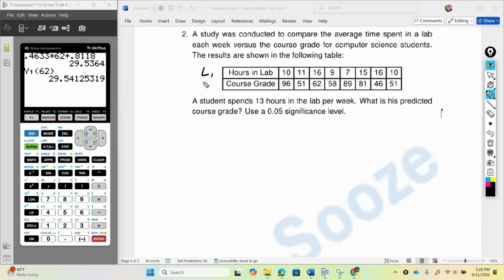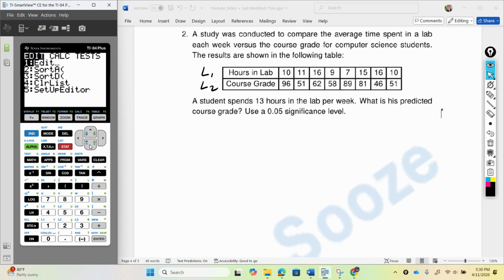So the first thing we're going to have to do is put these into a list 1 and list 2. So I'm going to come here at y equals, clear out that old formula, and clear out my old list 1 and list 2. So second 1, comma, second 2, and I'm going to put this stuff in here.